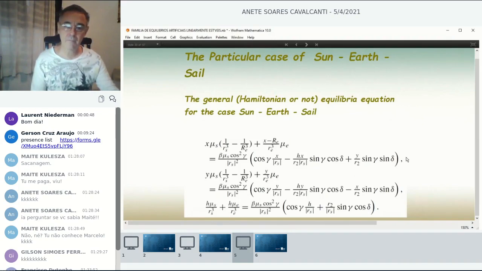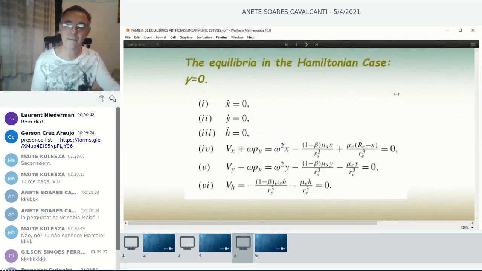But just to show what happens when we study the Hamiltonian case is that things become a little bit simpler, because gamma is equal to 0, and so the sine of gamma simplifies the thing. The cosine of gamma here is also equal to 1, things become simpler and you get these expressions in here. So I want to analyze equations 4, 5, and 6.